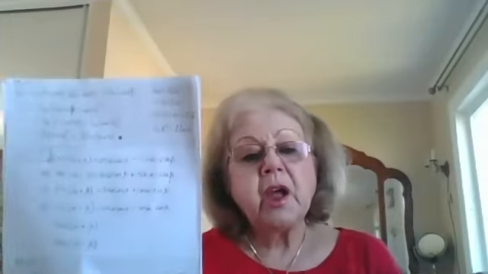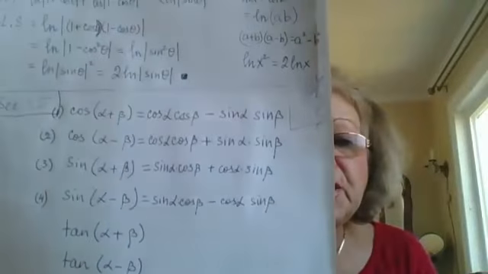On the left side we have sine of the sum. On the right side we had in number 3 a sum of two products. In number 4 we have sine of the difference of two angles. On the right side we have a difference of two products. What about now problem number 24?